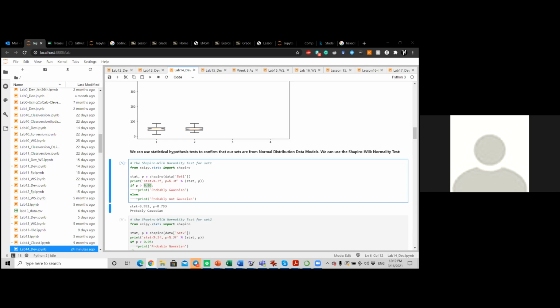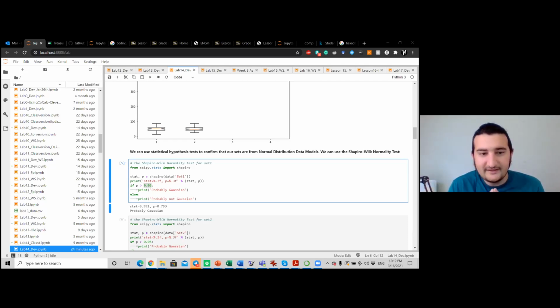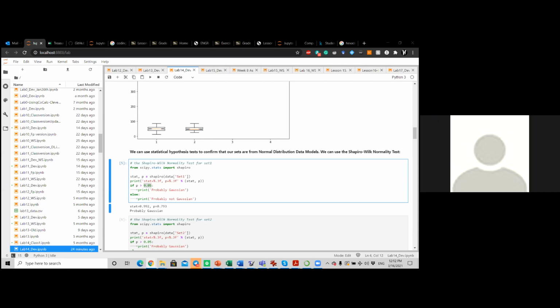I want you to remember that there is a difference between significance level and confidence level. Maybe smaller is more accurate to measure than a larger one, more specific.